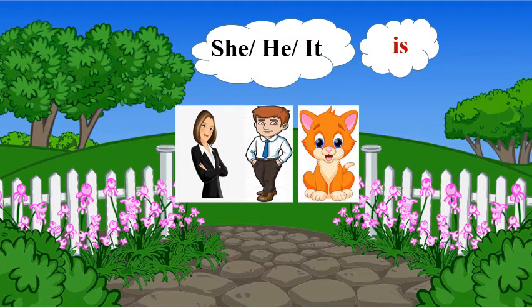The verb is is used with the pronouns she, he, or it. She is a beautiful lady. He is a handsome man. It is my pet cat.